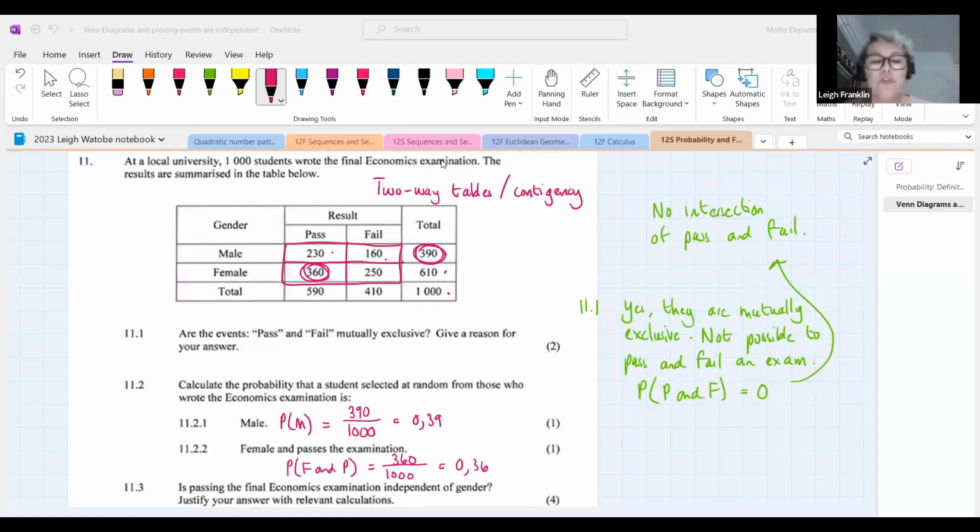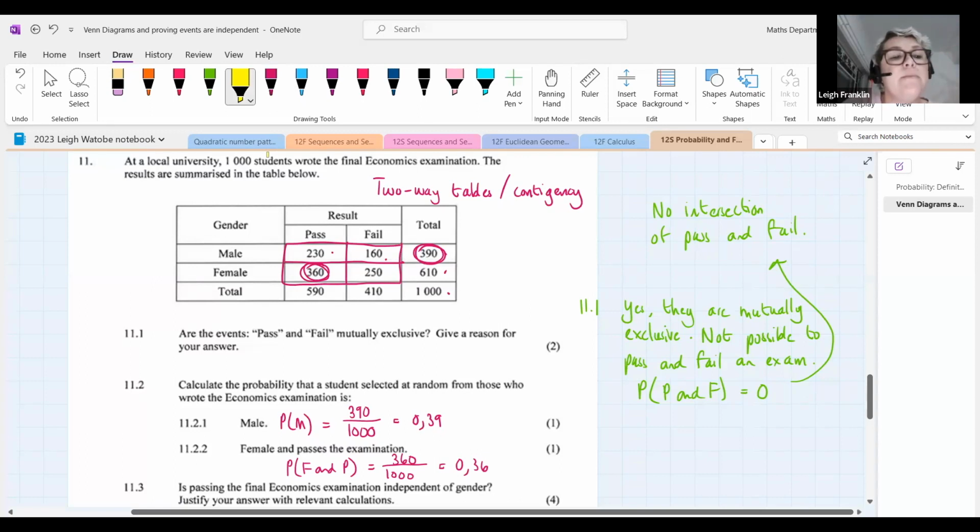So if they said to you, what is the probability that a student selected at random is male and fails, you are going to go across to male and down to fail, and then you're going to read in that block. So male and fail, making rhymes here. That's why it's this block that I'm highlighting in yellow. Does that make sense to you?